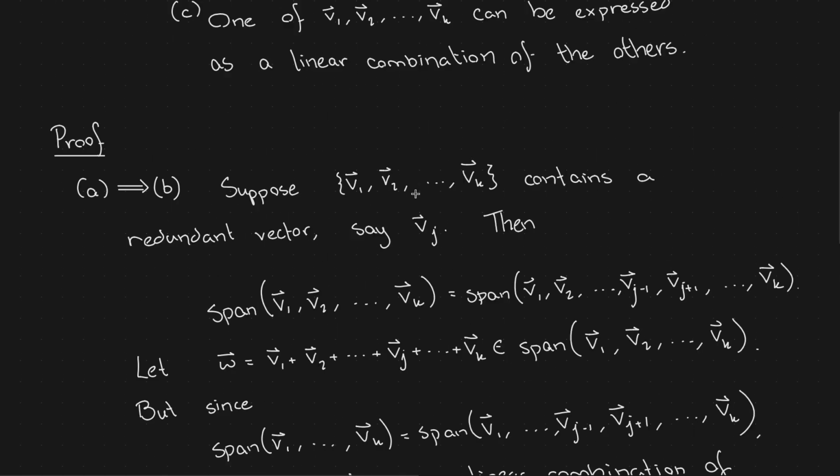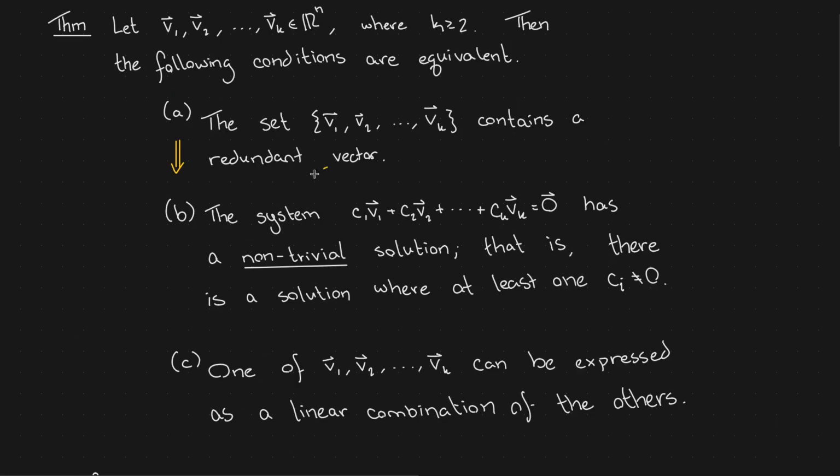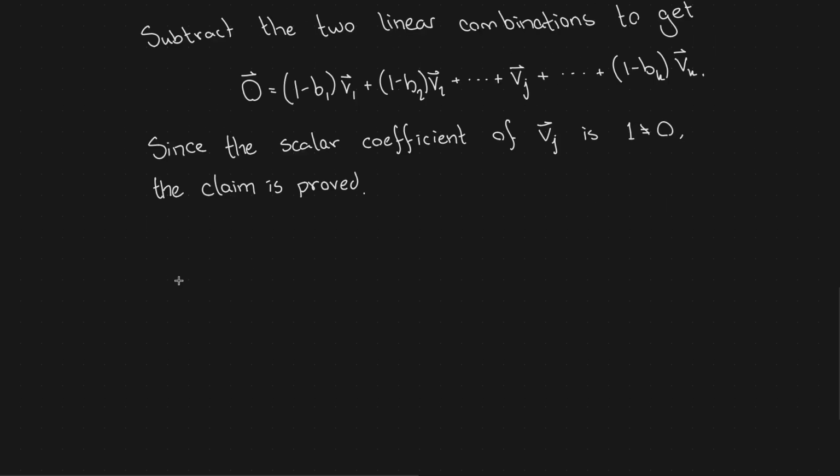Okay, so what we've done here is we've said, if this is true, then we have a non-trivial solution to this equation. Okay, and so we said if A is true, then B is true. And we've still got quite a bit of work to do. Next, we need to show if B is true, then C is true. Because remember, we want to show all these are equivalent.